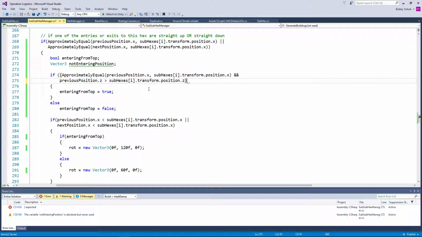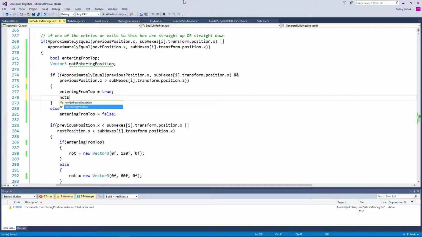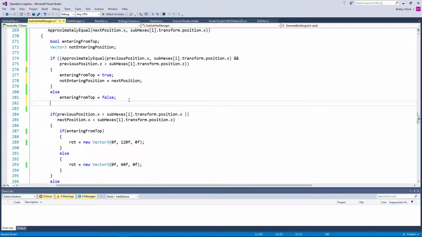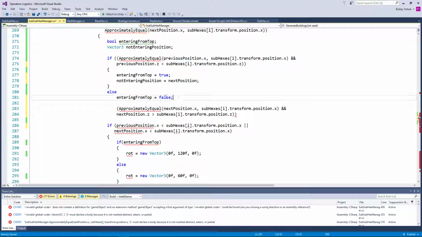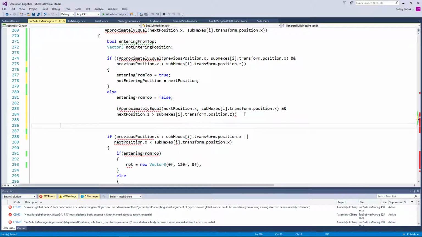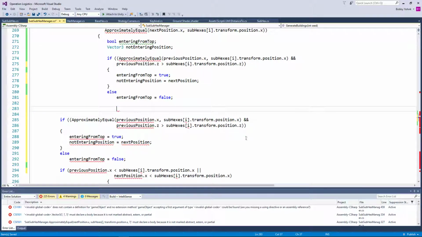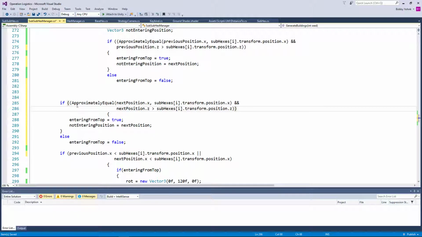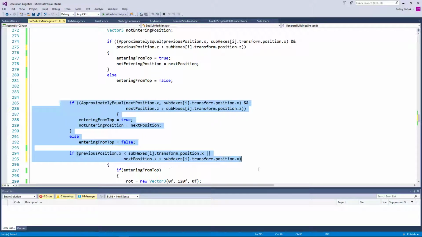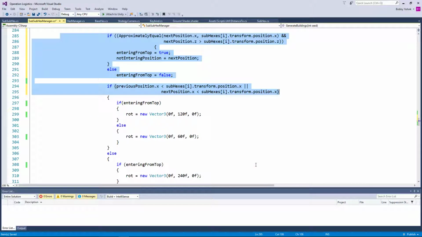And then I need a closing parenthesis there. And then say not entering position equals next position. Okay. And then let's redo this. There we go. And let's copy all of this. Oh my, this is getting nasty. Paste that here. Okay. This is not exactly what I was looking for. But let's go ahead and move that on over. There we go.